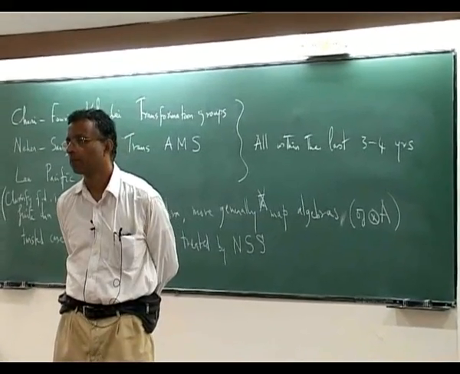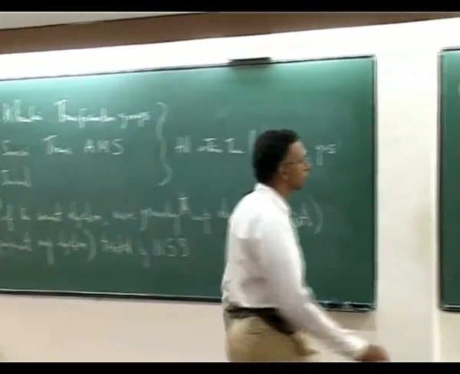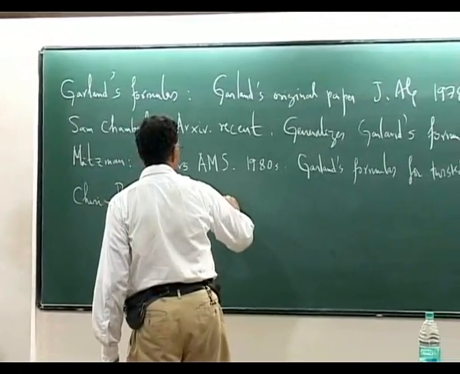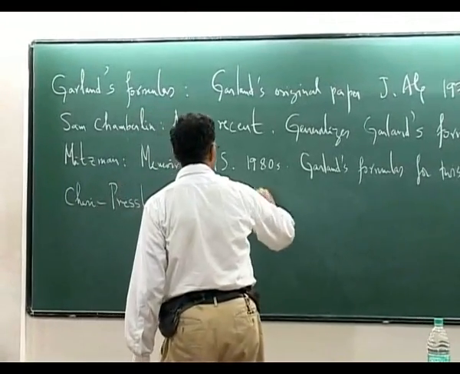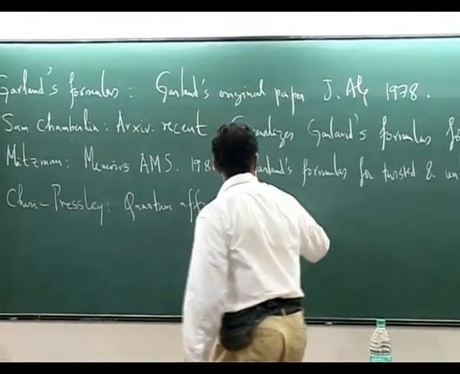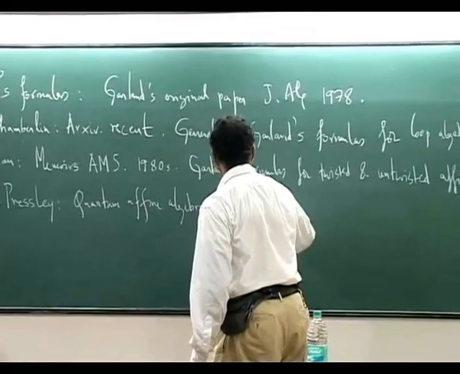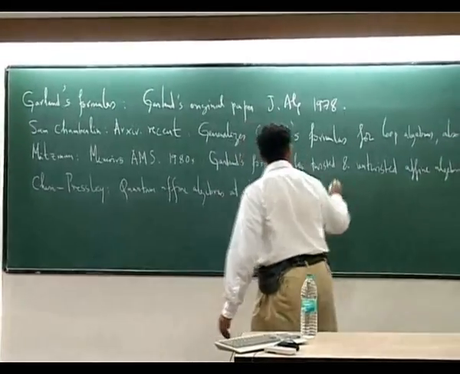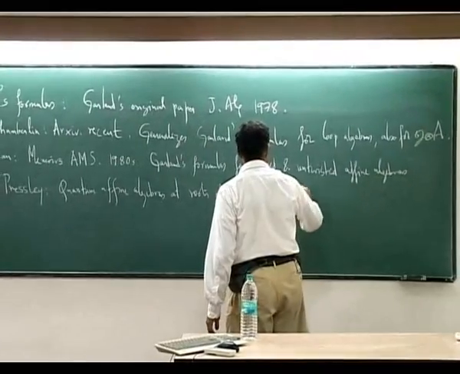I think it's called Quantum Affine Algebras and Roots of Unity. That appeared in Representation Theory in the 90s, 97.